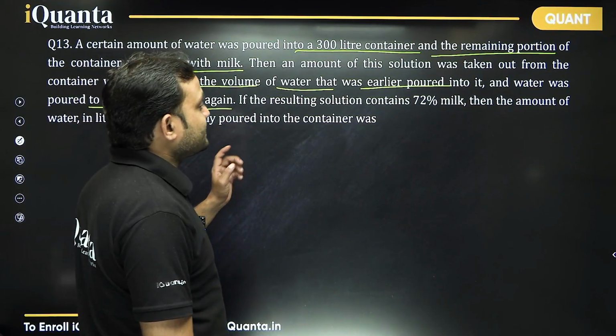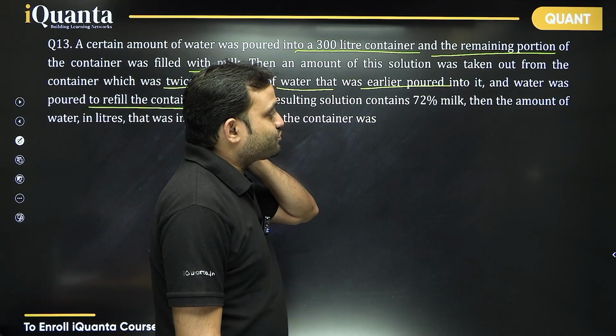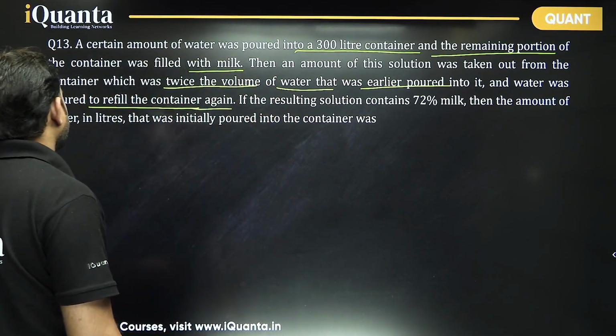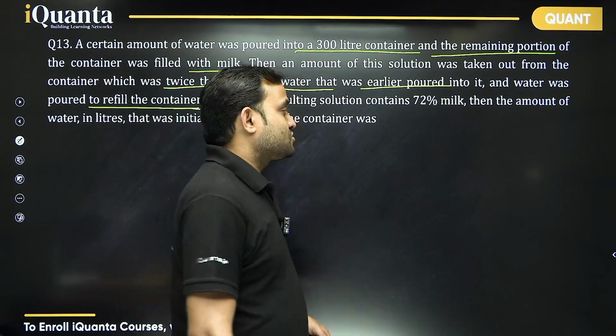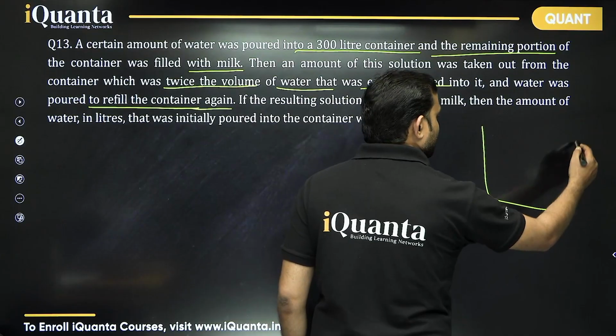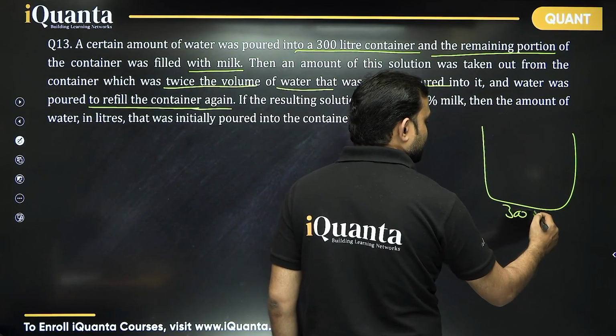If the resulting solution contains 32% milk, then the amount of water in liters that was initially poured into the container was. So there is a container with a capacity of 300 liters.